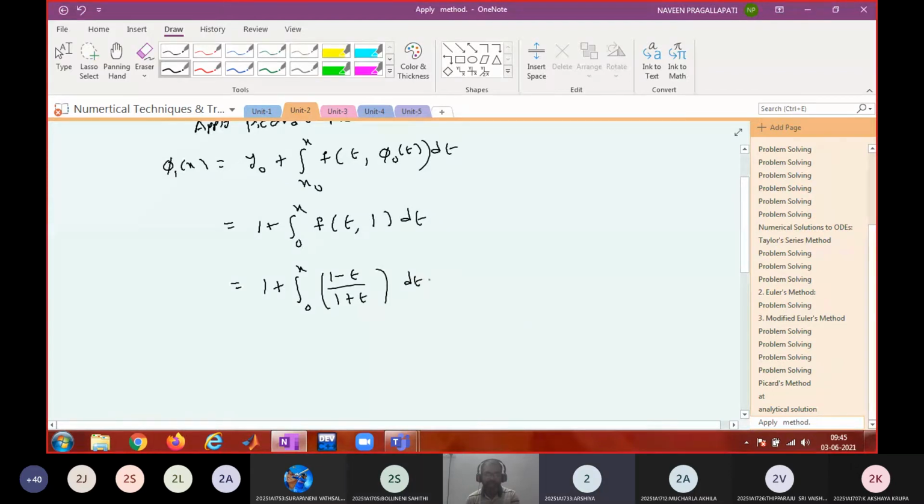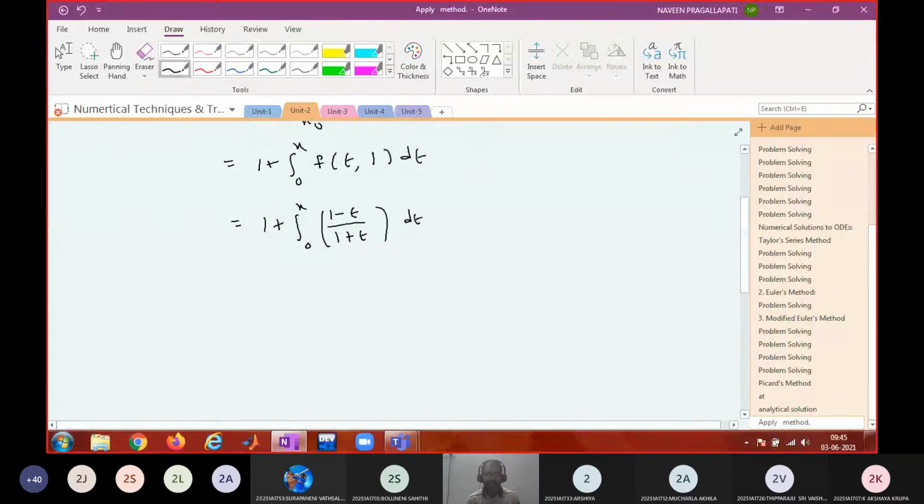Yes, sir. Now how do you integrate? Can you write it into partial fractions, or add and subtract 1 in the numerator and simplify? See, 1 minus t is minus 1 plus t plus 1, so I can write it as 2 minus of 1 plus t by 1 plus t.